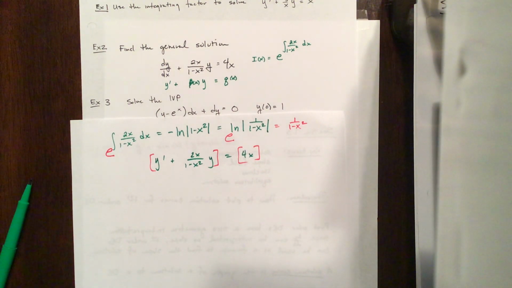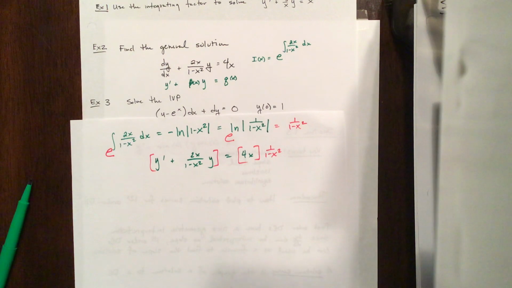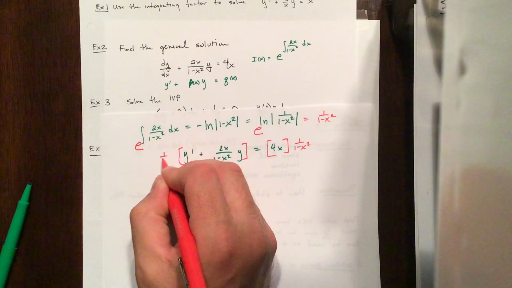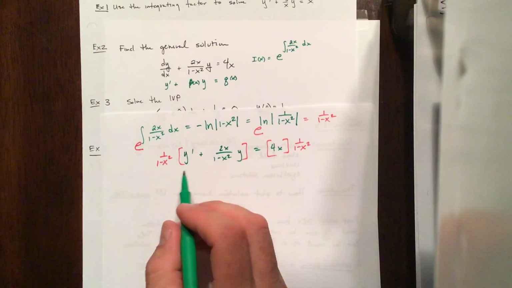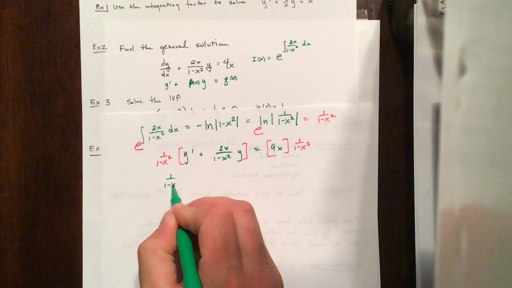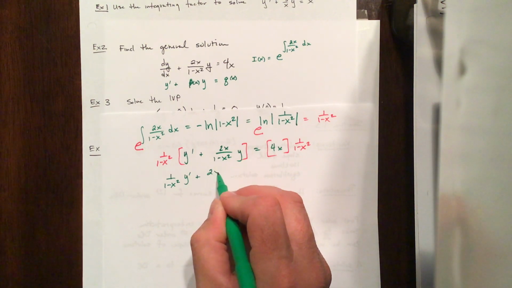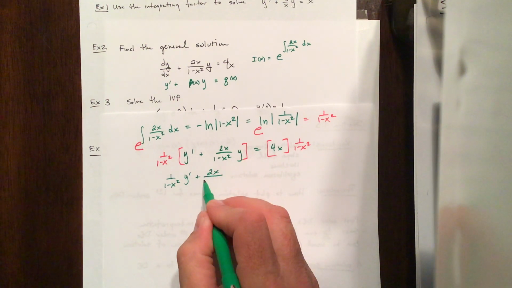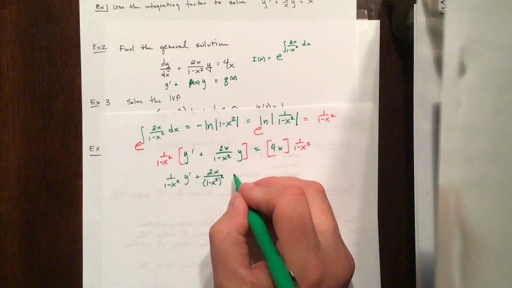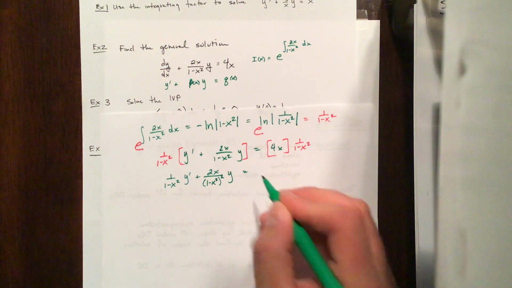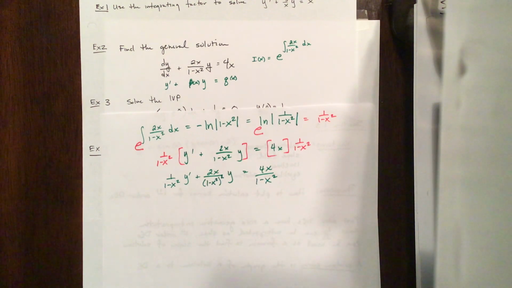Okay, so sorry I got a little bit ahead of myself. This is 1 over 1 minus x squared on the right side. On the left side, this is 1 over 1 minus x squared. So we distribute. We get 1 over 1 minus x squared, y prime, plus 2x divided by, now I have 1 minus x squared times itself. So that's 1 minus x squared all squared times y equals 4x over 1 minus x squared.